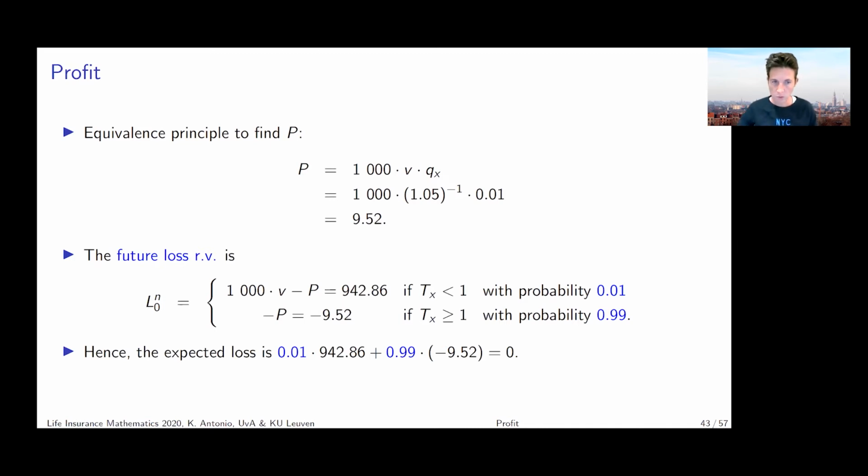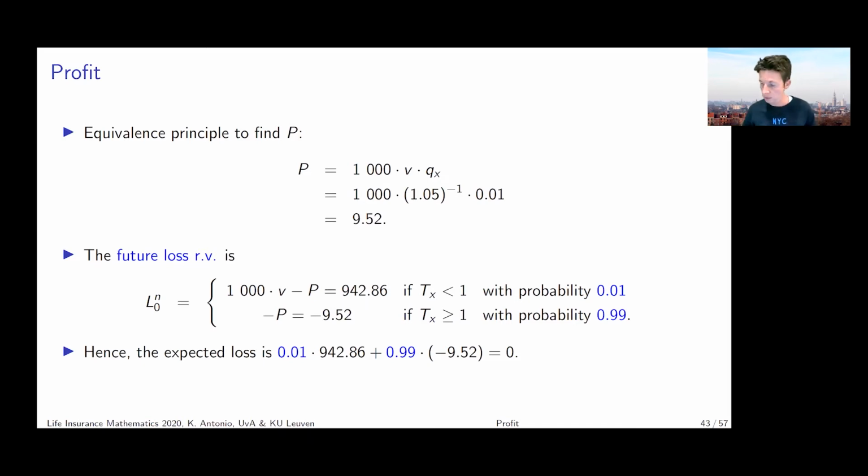In that case, my loss expressed at time 0 would be the death benefit of 1,000 discounted to time 0, so 1,000 times v, minus the premium P that I received as an insurance company at time 0. So if my policyholder dies in this one-year contract, then I'm facing a loss on the contract, and the present value of this loss is 942.86 euros.